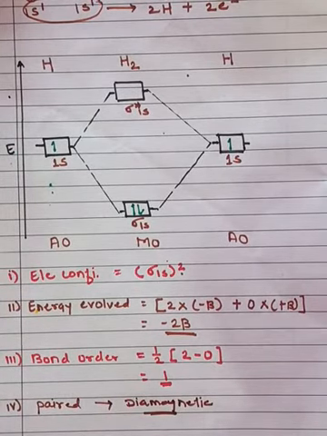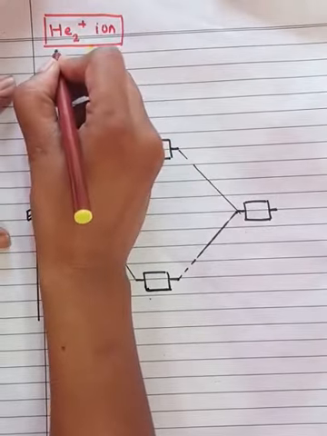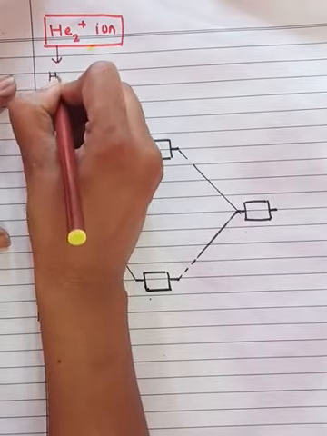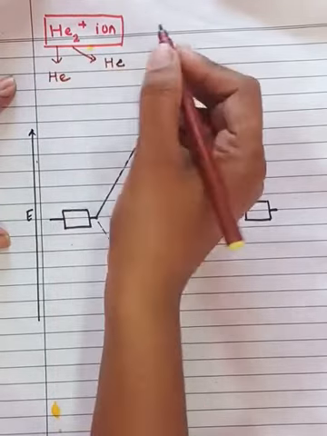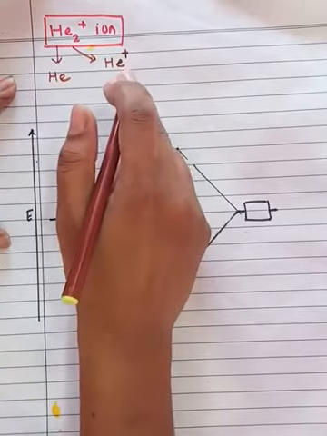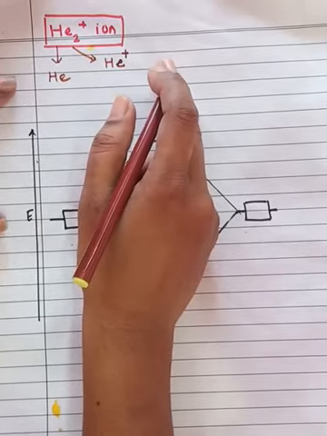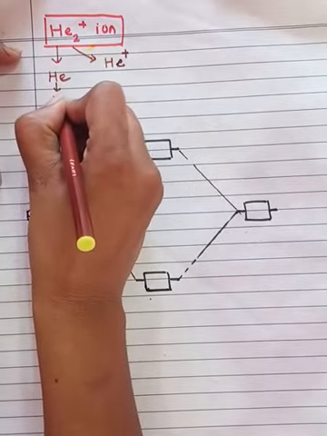Let us move to the next one, that is the He2 plus ion. This He2 plus ion consists of two helium atoms, right? We have the first helium atom and then the second helium atom, but the second helium atom has a 1 plus charge. So we have He and He plus. The atomic number of helium is 2, that's why the electronic configuration is 1s2.